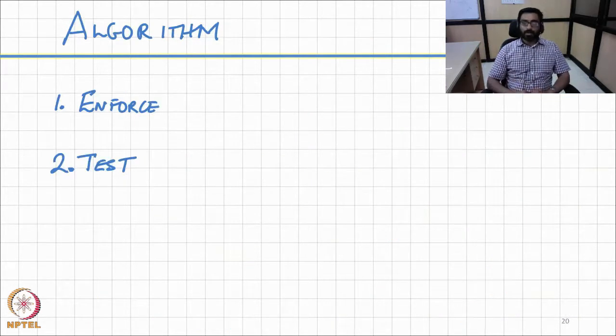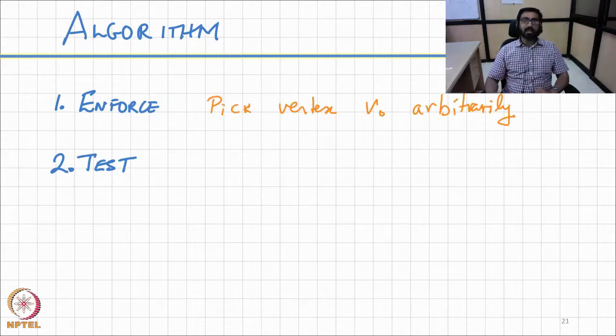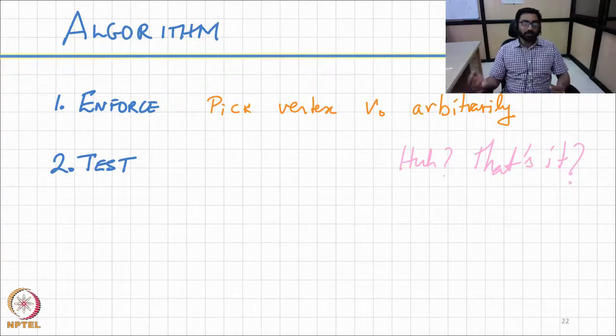So here's how the algorithm works. There's the enforce part, and then there's going to be the test part. And believe it or not, the enforce part for this algorithm is simply just one step. Pick a vertex v0 arbitrarily. It could be any vertex. And you may say, well, is that it? As it turns out, yes, but look at the power of this one single step.